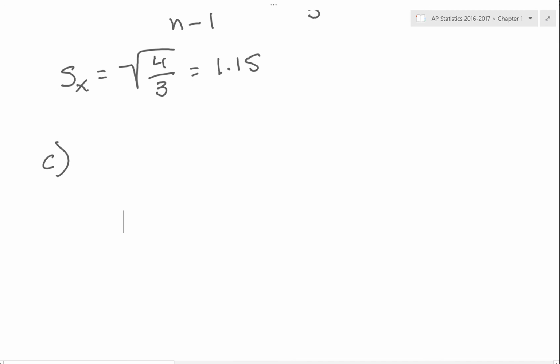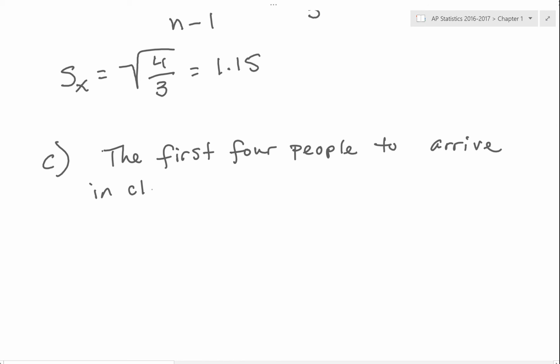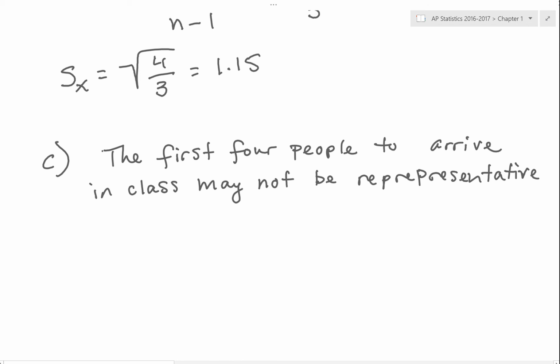So this method, the first 4 people to arrive in class may not be representative of all 30 people.